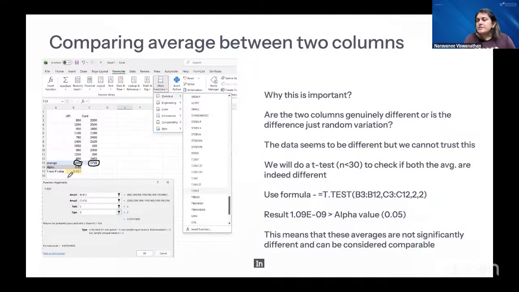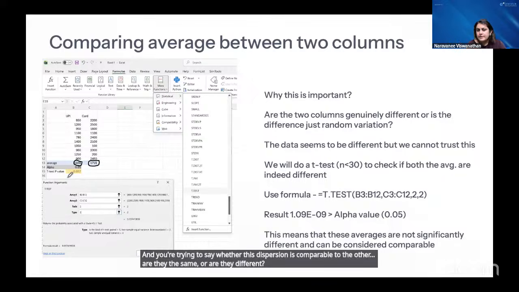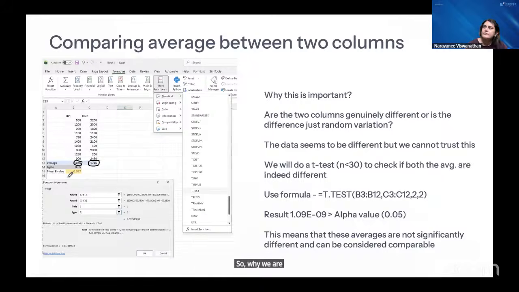In f-test, we are comparing two variations. So basically, you're looking at the dispersion. You're not looking at the mean. You're looking at the dispersion. And you're trying to say whether this dispersion is comparable to the other. Are they the same or are they different? So why are we saying all of this?